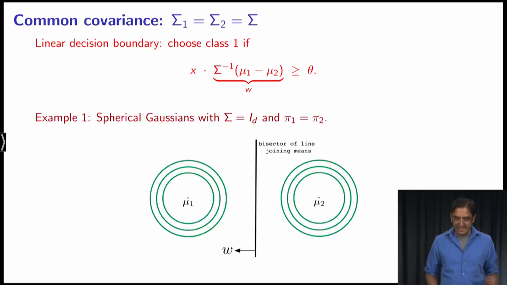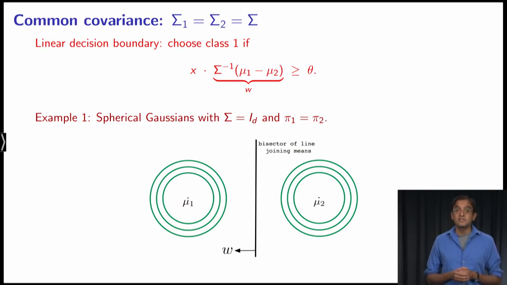Okay, so let's see an example of that. Let's say that each class is a spherical Gaussian, and they have exactly the same covariance matrix, say the identity matrix. And to make the situation even more symmetric, let's say that the two classes have exactly the same class probability. So pi1 equals pi2 equals 0.5. What is the decision boundary in that case?